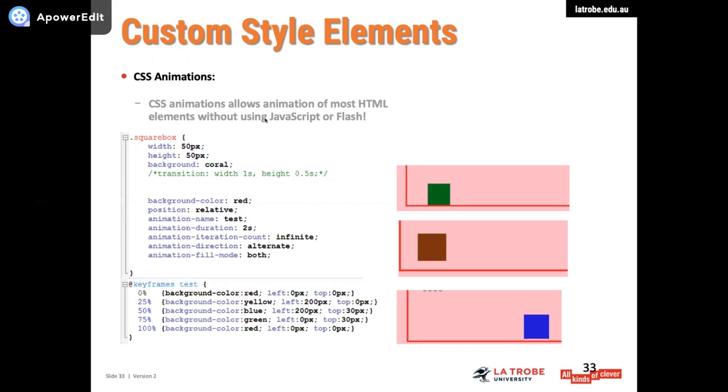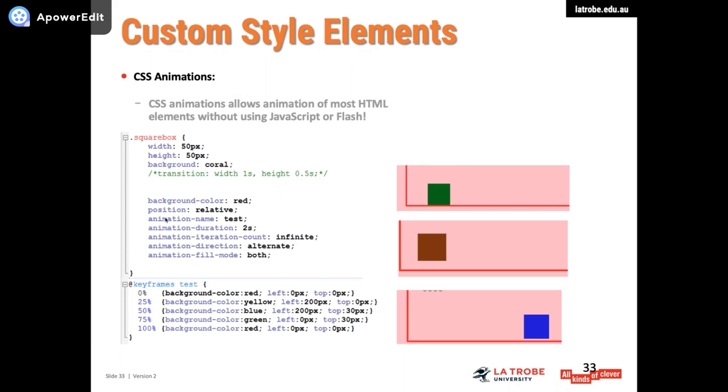And here's the example. In this example, we want to move this square around, and the color will also change to have some dynamic effect. So here's the initial parameters of this square: the width, height, background color, and also the position. And here's the animation name.